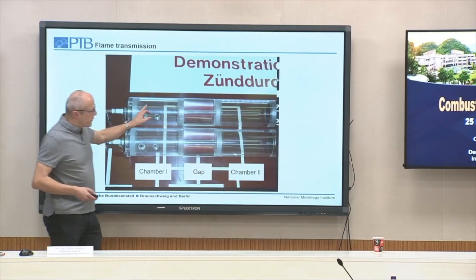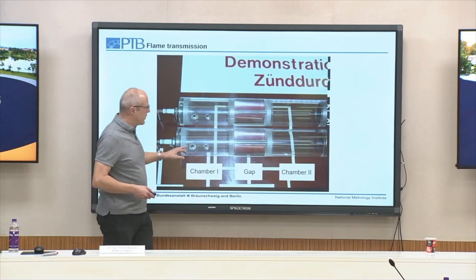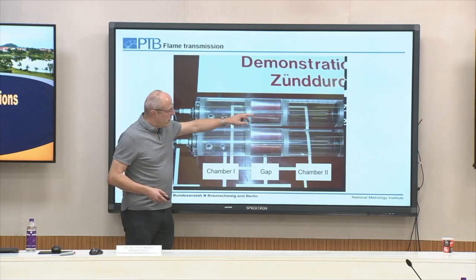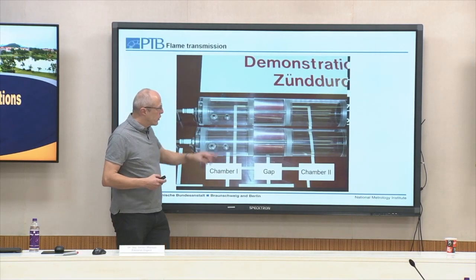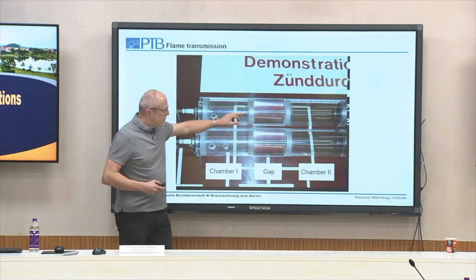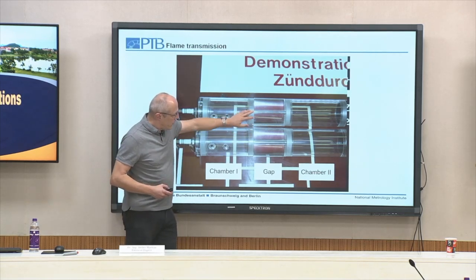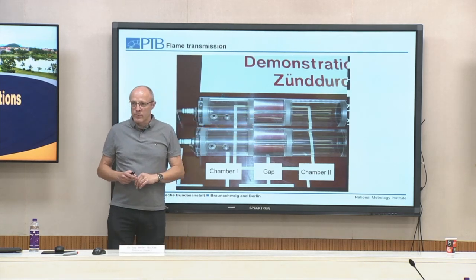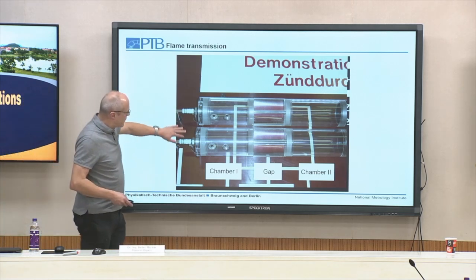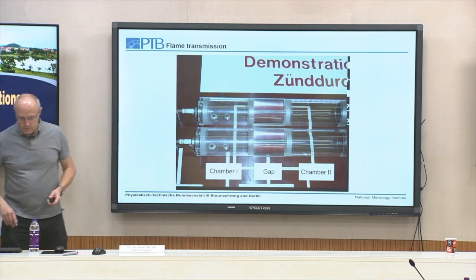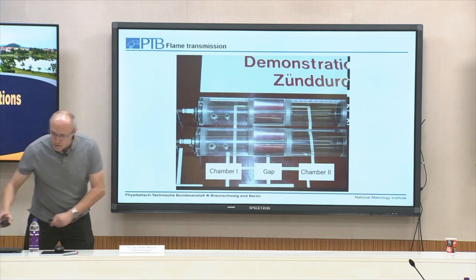So we have two chambers, chamber 1 and chamber 2, connected by a nozzle here, circular tubes, and the lower one is a little bit bigger. We then ignite both mixtures here on the left, and let's see if the video is working.